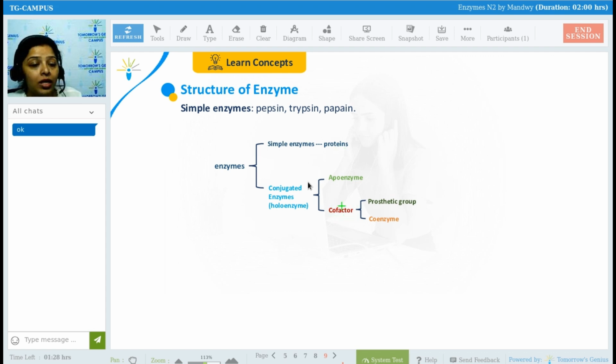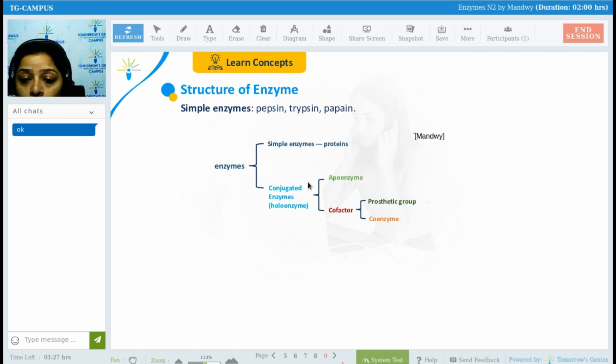Protein plus some non-protein component, that is cofactor. If it binds with that, then it will be called a conjugated enzyme. So this cofactor, once bound with the protein, makes it an enzyme, and it gives the enzymatic activity to that particular protein. And here in the conjugated enzyme, the protein part is called the apoenzyme.